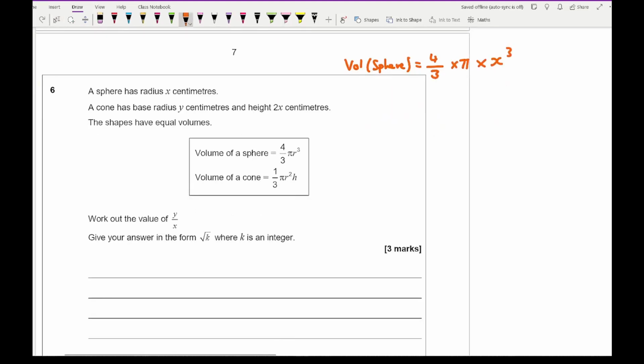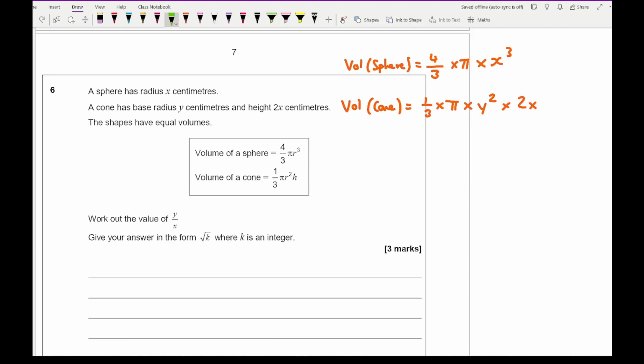And then I can work out the volume of the cone, which is going to be 1/3 times pi times y squared times 2x. Now try and make sure that your x's don't get confused with the multiplication x's. I know what I'm writing, but again, very easy to make a silly mistake when writing all of this.